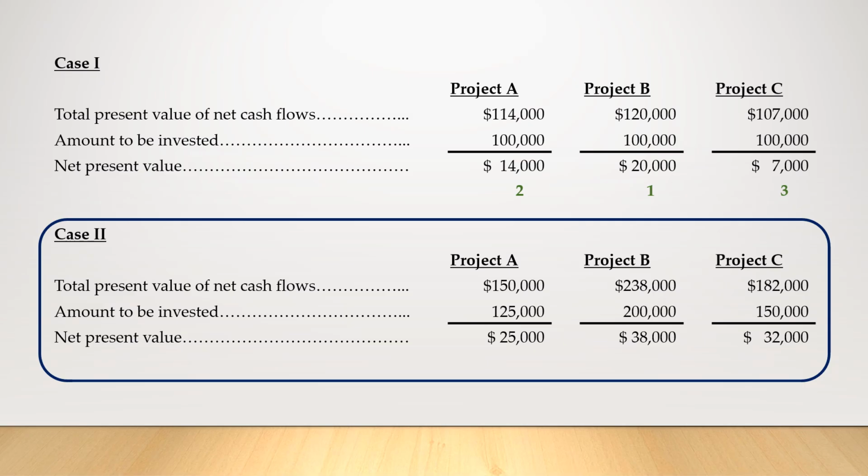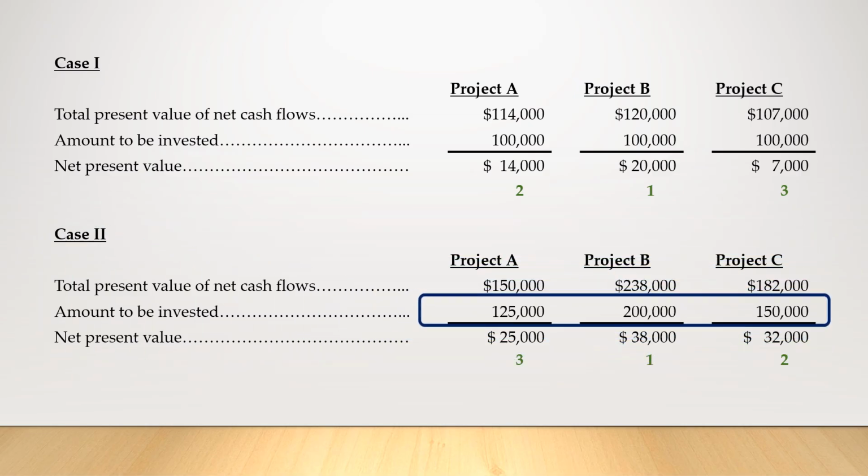Going by their NPVs, Project B would be our first choice, followed by Project C, and then Project A. However, their differing initial investments necessitate a little more analysis.